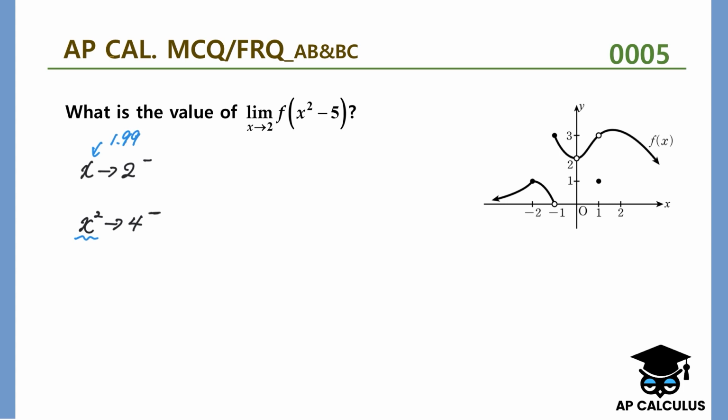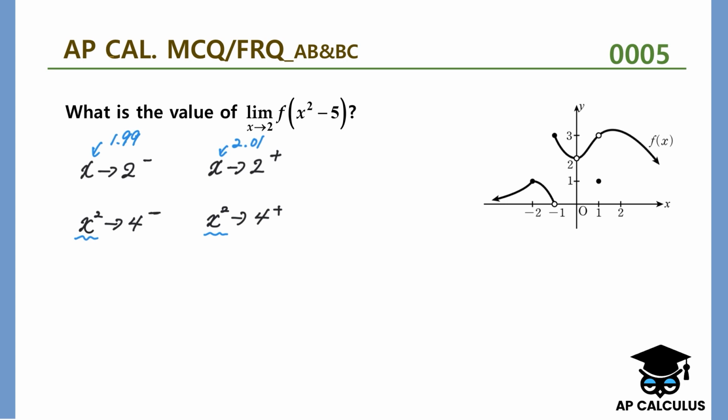Does that make sense? Okay, what if x approaches 2 from right hand side? Then x squared approaches 4 from right hand side, right? If x is, let's say, 2.01, then x squared would be a little greater than 4, right?